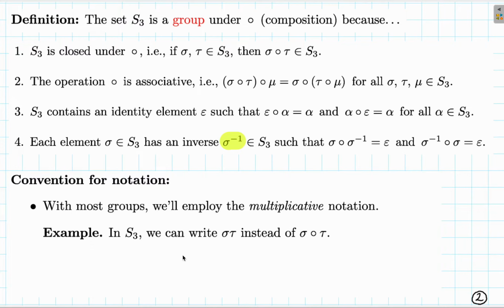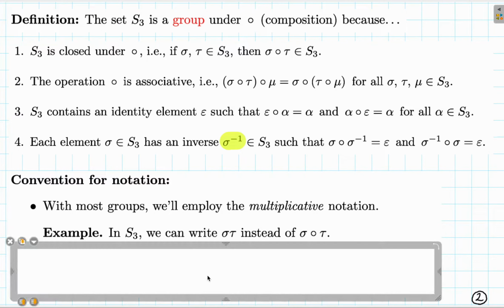And I know with permutations, I've often said the product instead of a composition because I'm used to thinking of them in terms of that multiplicative notation. And so for instance, in S3, instead of writing sigma composed with tau, we can and often do write sigma tau, treating it like a product, the operation being multiplication.